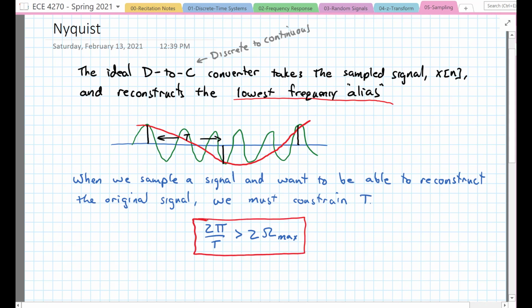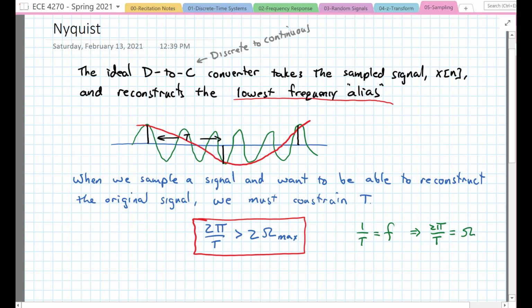So what is 2 pi over T? Just recall that, well actually let's just start here. 1 over T, 1 over period is equal to frequency. So 2 pi over T is equal to some omega term, right?